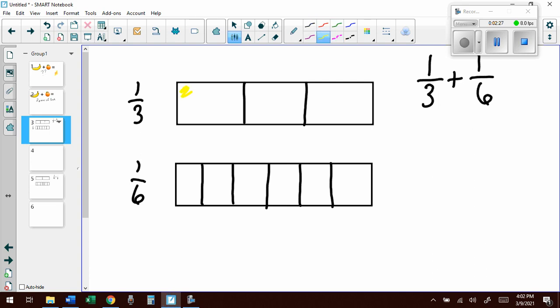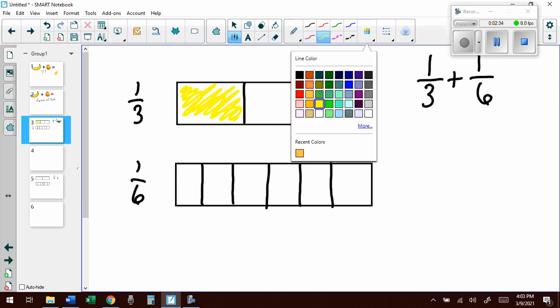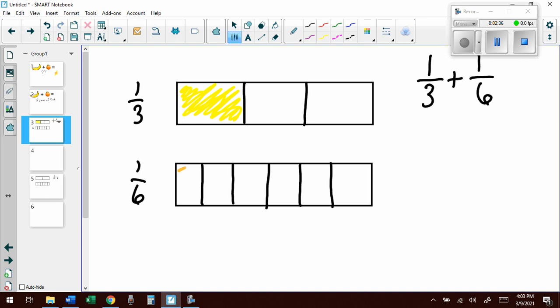So right now we're going to shade in 1/3 and then shade in 1/6. So we've done our job. The units are different, but they need to be the same. So in your head, what is a multiple of 3 that is also a multiple of 6?